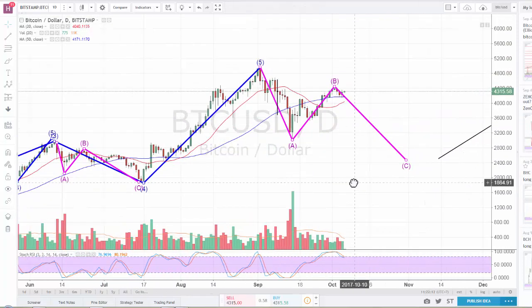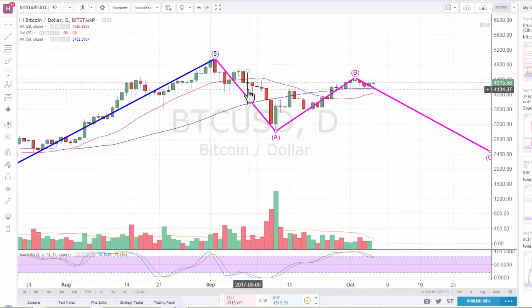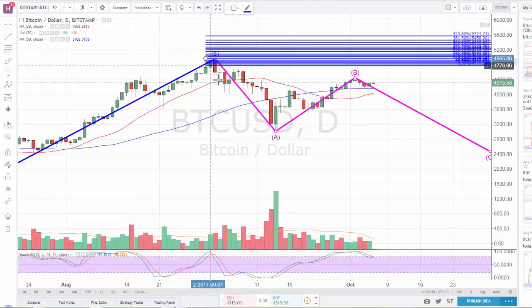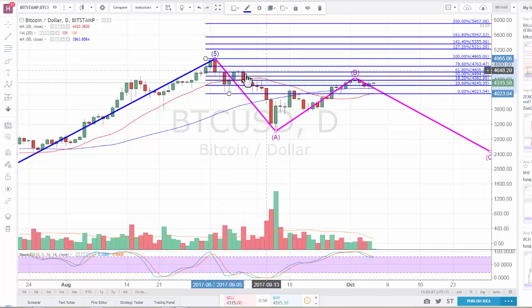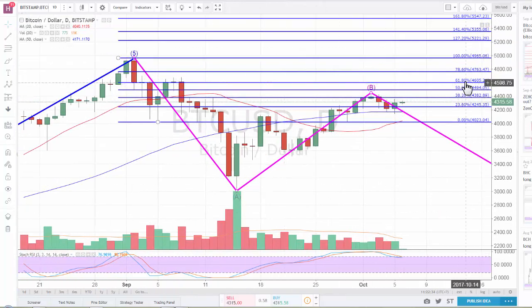But in this case up here, it cannot be. First of all, the distance from A to B is not the same as from B to C, and the retracement is not valid either. If we use the Fibonacci retracement tool from top to bottom, the retracement is actually at the 61.8.